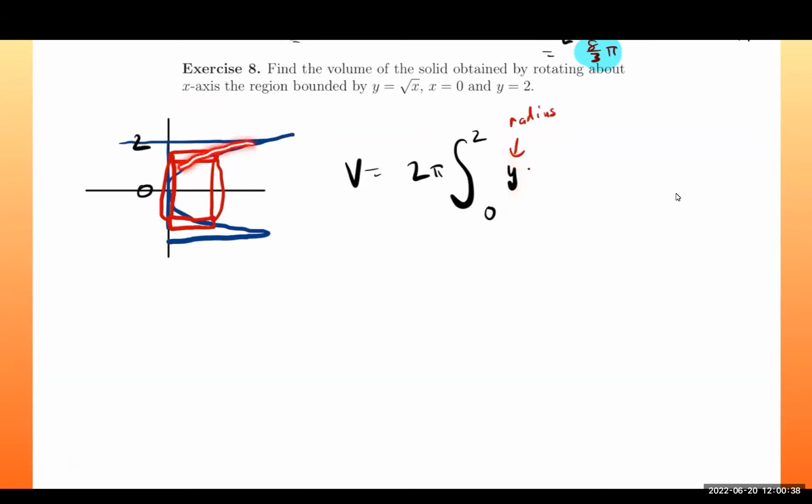And then the height is going to be the top function minus the bottom function, but the bottom function is just 0, so it's just this top function, which is radical x. But we need to solve for x, so you can't mismatch variables. You couldn't put radical x because then we're integrating with respect to y, so we want to solve for x in this case, which is pretty simple. x is just y squared, so that becomes y squared.